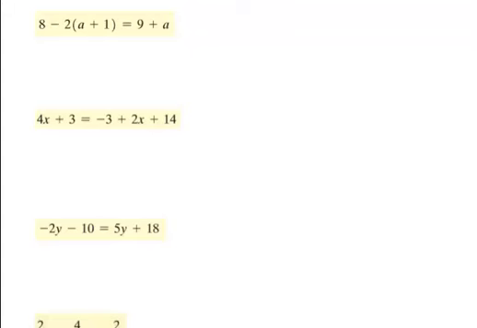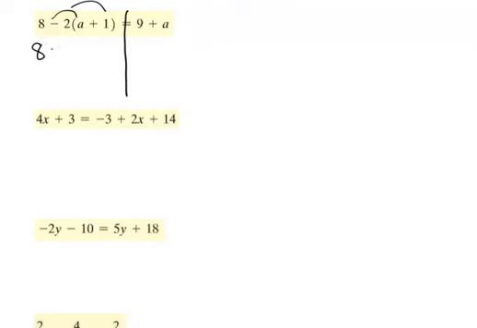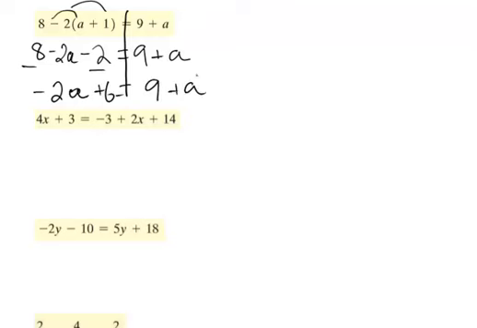All right, so in my next problem here, again, I'll go ahead and draw my line going down. I'm going to distribute my negative 2, so my 8 stays alone. That's a negative 2a minus 2 equals 9 plus a. We can combine 8 minus 2 to give us a negative 2a plus 6 equals 9 plus a.